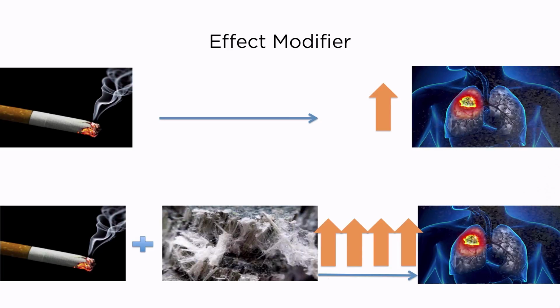In this case, asbestos exposure is an effect modifier because it increases the effect of smoking beyond what would be expected from smoking alone. So again, an effect modifier is important in explaining the relationship between two variables, whereas confounding means that the original variable was actually not at all related to the question.